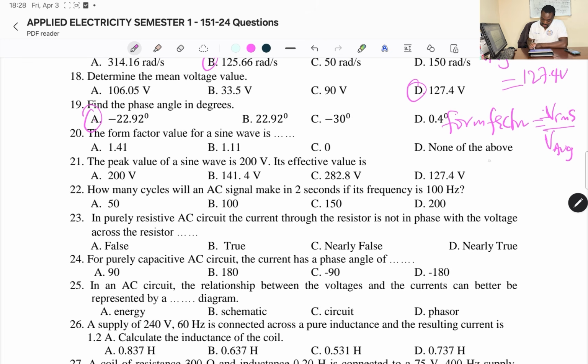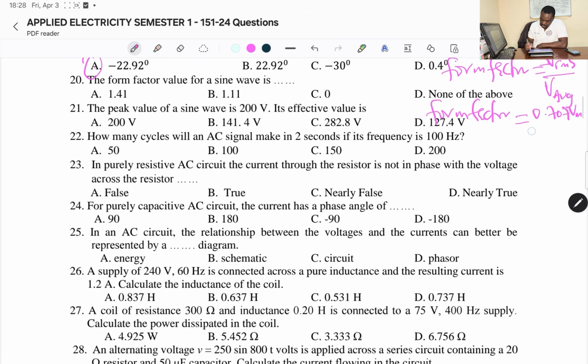With this, I can write the form factor as being equal to root mean square value, which we can express in terms of the maximum value. That is 0.707 times maximum value, all over 0.637 times again the maximum value, which is the average value. So you see the maximum will cancel.